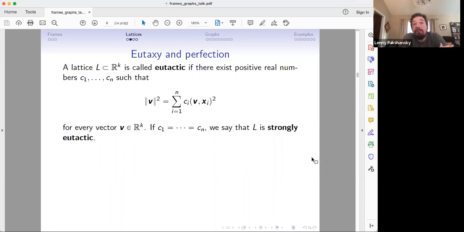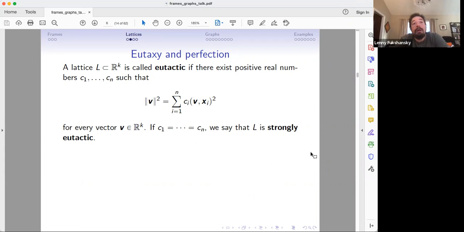A collection of vectors, say x1 through xn, is called eutactic if there exist real numbers c1 through cn, called eutaxy coefficients, so that for any vector v in the space, the norm squared can be expressed like this. If the set of minimal vectors of my lattice is a eutactic set, then the lattice is called eutactic.